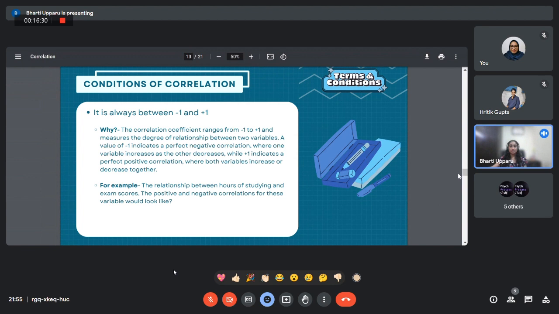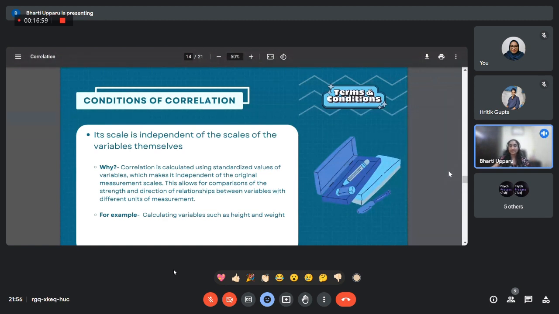We can talk about the relationship between hours of studying and exam scores. No matter what variables you measure, when you measure correlation, it is always between -1 and +1. It is almost a reiteration of what we talked about before, but I thought it's necessary to show it again.